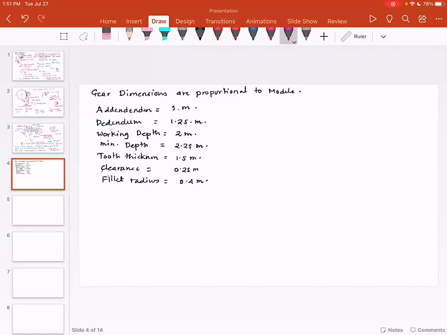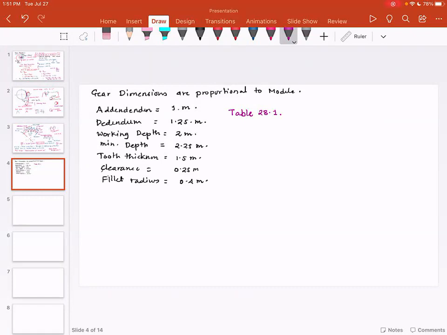And I don't expect you to remember all this. All these dimensions are given in table 28.1 in the textbook. The other important thing is, this is pertaining to the involute gears.